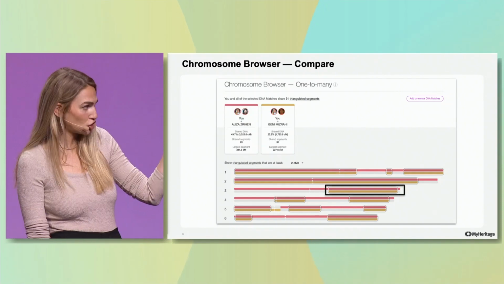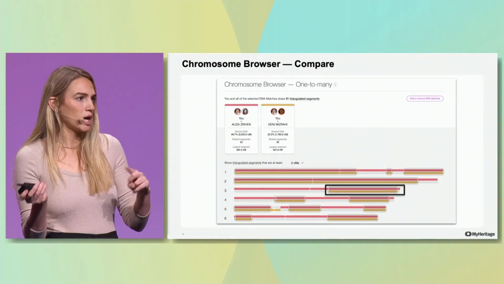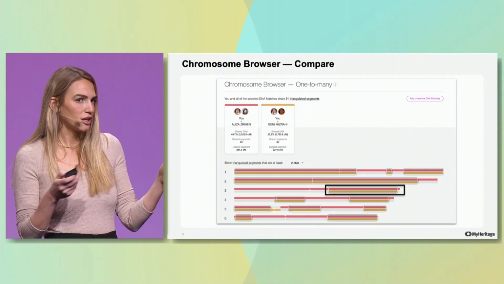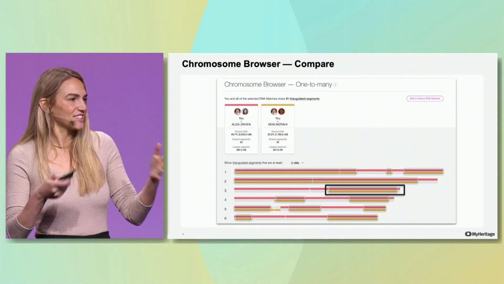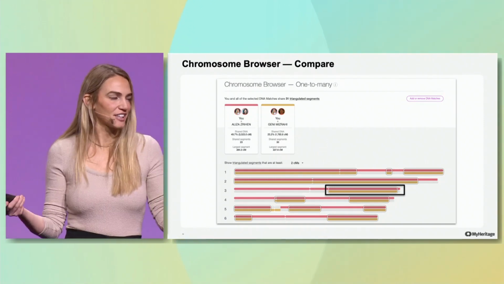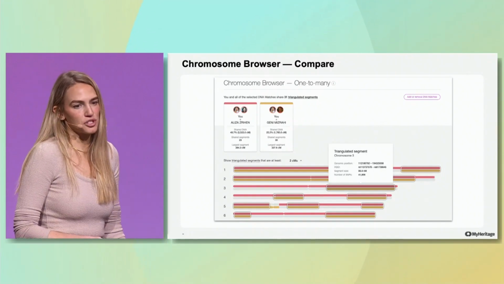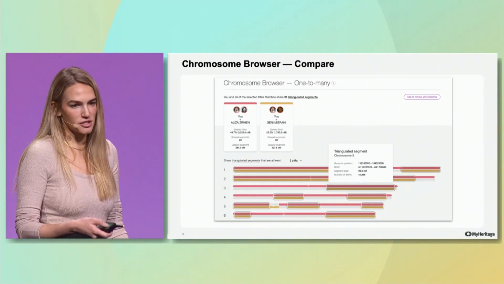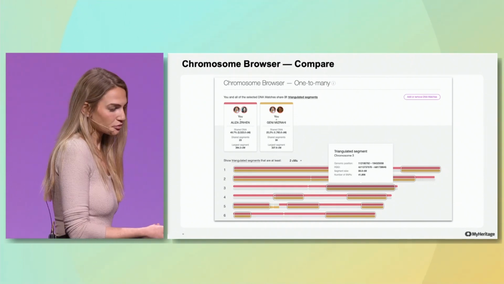So you can see in each bubble, this is the triangulated segment, a segment that me, my mom, and my grandma all share. In that case, the common ancestor will be my grandma. But these are the segments that me and my mom both inherited from my grandma. And for each segment, you can also see the information about it, such as the genomic position, on which chromosome we found it, and much more.